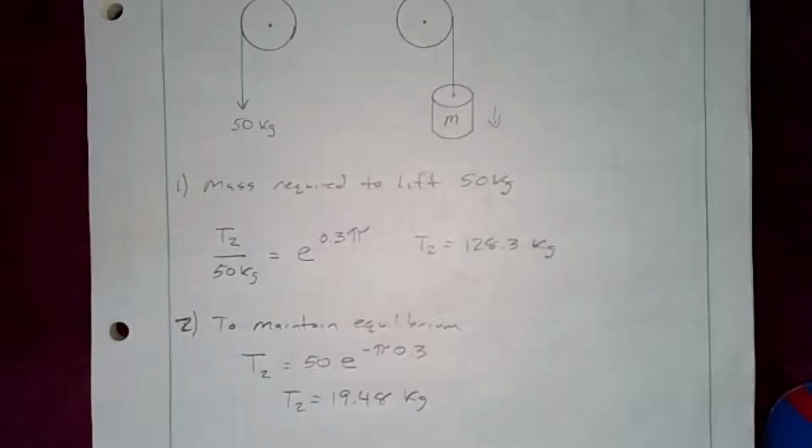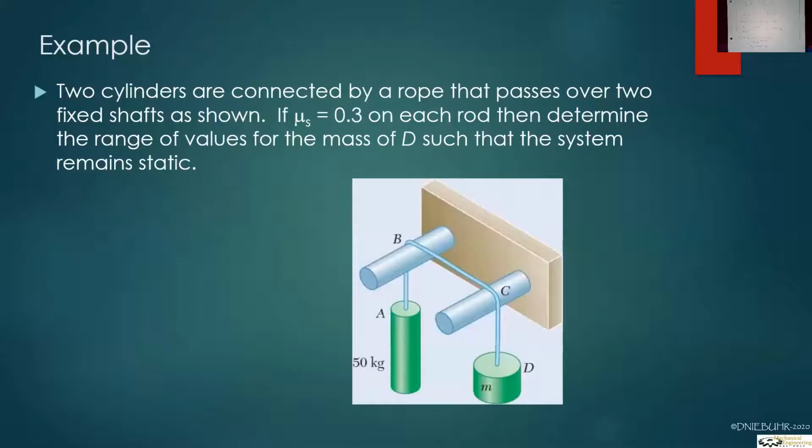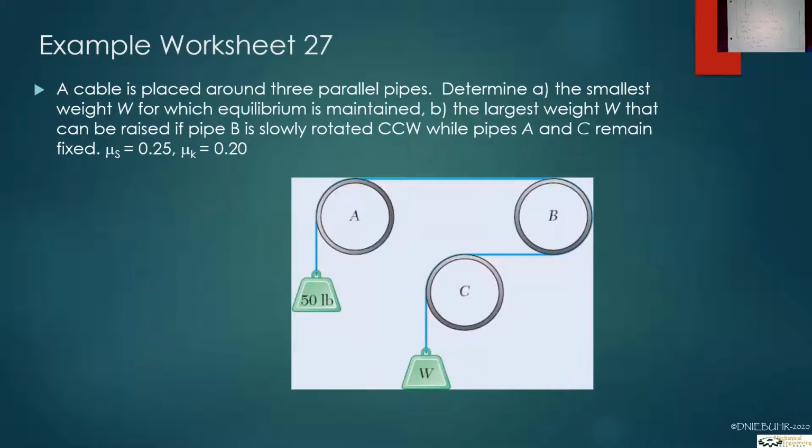So that's that. Let's go back to this. So that was the example I just did. I showed you the two masses. Kind of got ahead of myself, but I think it's pretty self-explanatory what we're doing. Now, this is another example that you could do on your own.